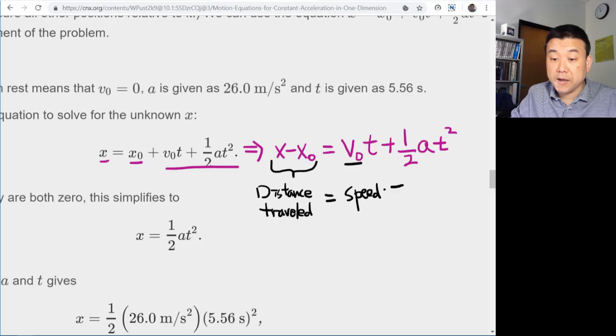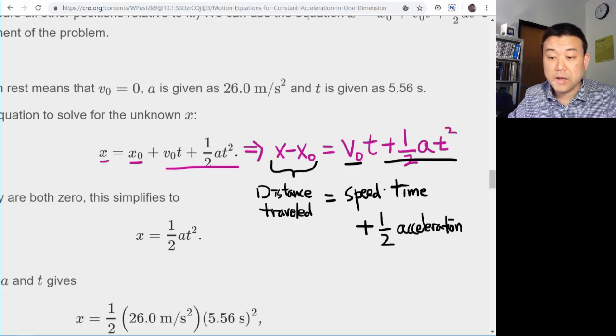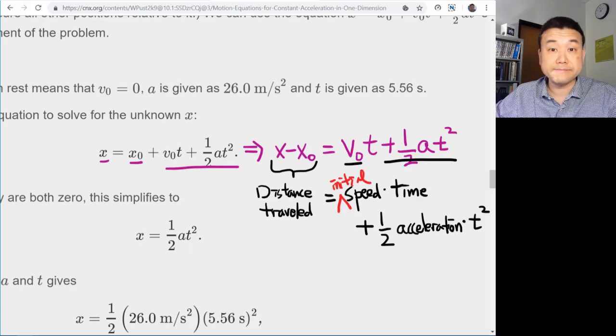the duration of time. And you might remember something like this from constant speed motion. So with there being acceleration, what changes is now you have this second term. So it's plus 1/2 acceleration times time squared. And one more thing that changes, this speed is the initial speed, what the object starts out moving at.